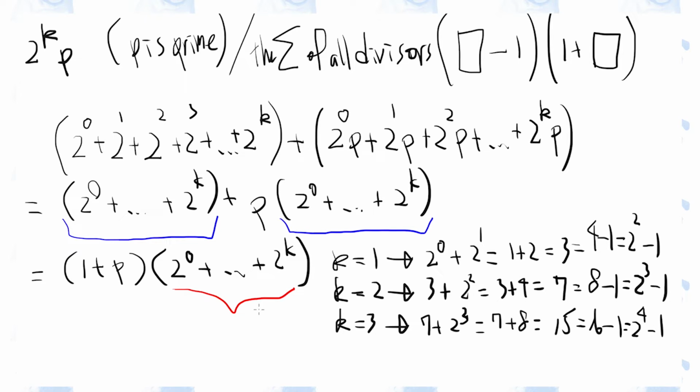So this portion can be expressed as 2 raised to the power of k plus 1 minus 1. So the sum of all the divisors of this number is 2 raised to the power of k plus 1 minus 1 times 1 plus p.